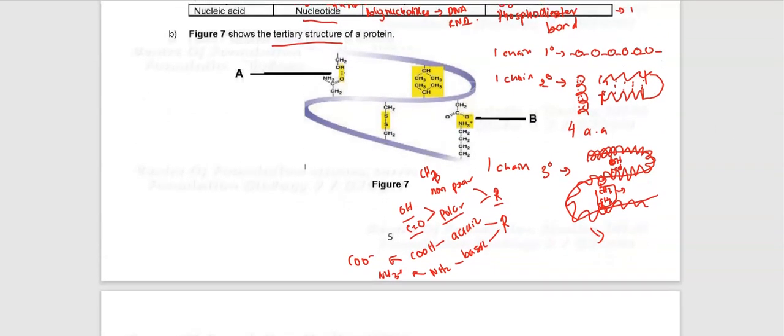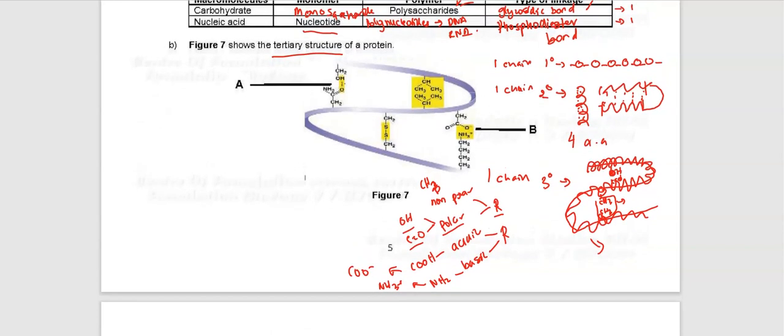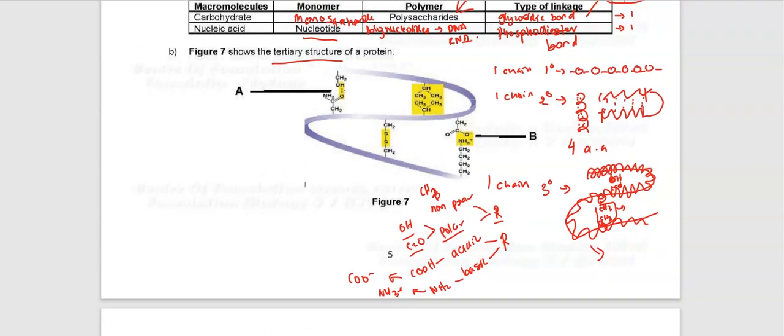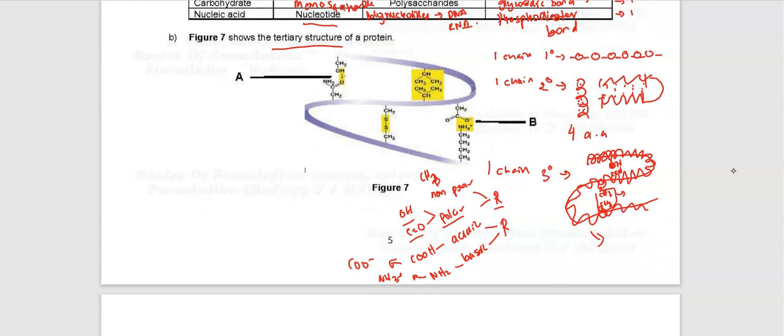So if we look at this diagram here, figure 7 shows the tertiary structure of a protein. As you can see for A, the side chain for this amino acid, let's say like this is amino acid 1, it has the hydroxy group, and the other amino acid here has carbonyl group.